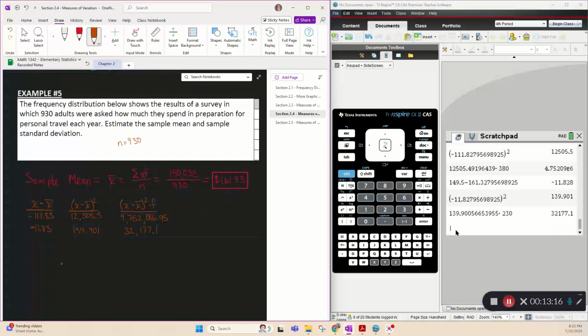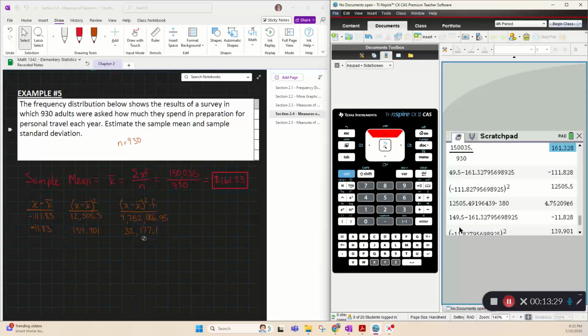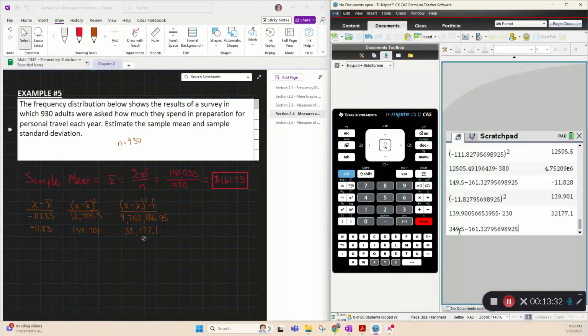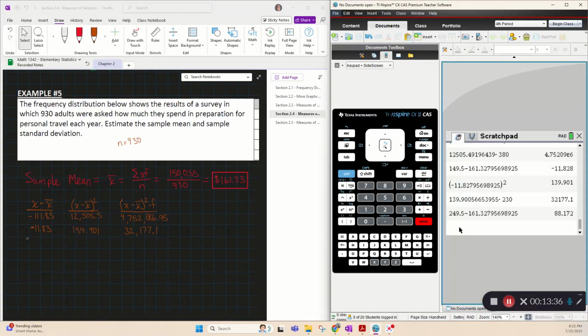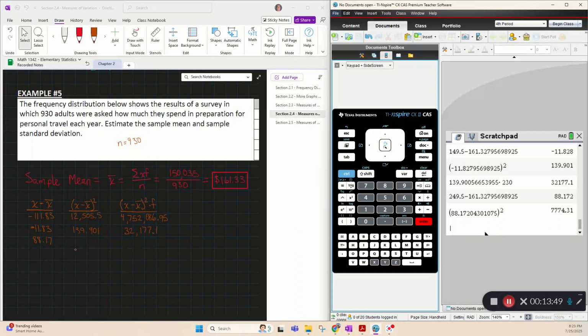Okay. Then I go to the next class. So that's the one that's going to be 249.5 minus my mean. Where did the mean go? Up there. 88.17. I'll square that. 7,774.31.